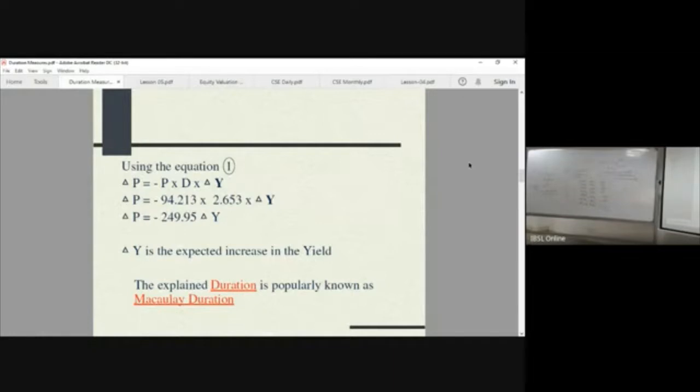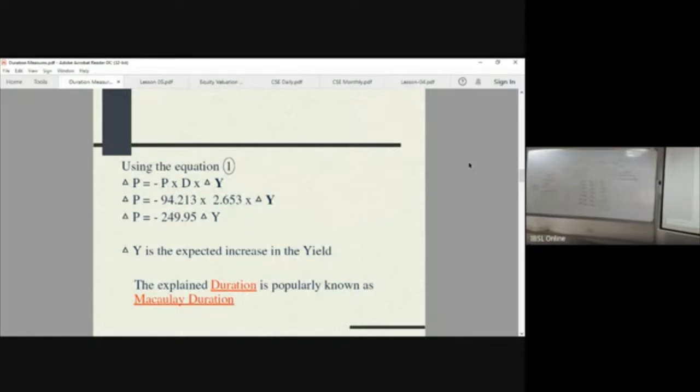Now you can gather what is meant by basis point. Since the percentage terms are a little cumbersome, we give it by basis points. 0.01% is equal to 1 basis point. So that is the conversion.